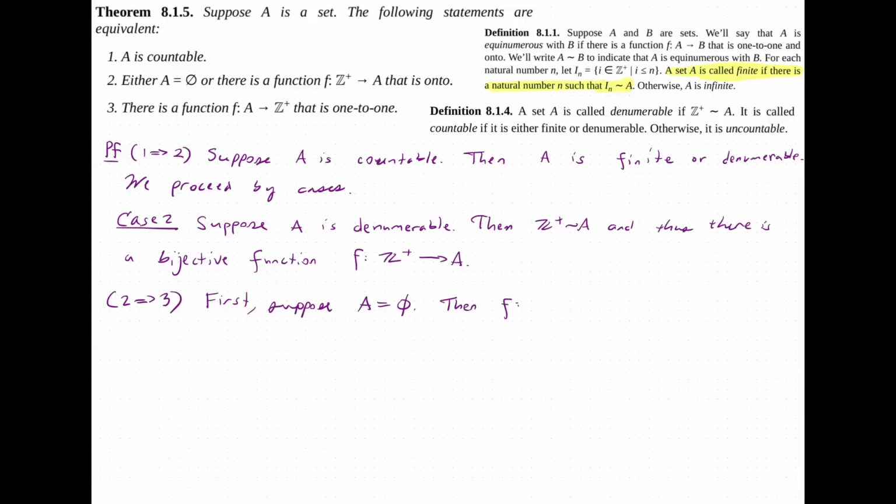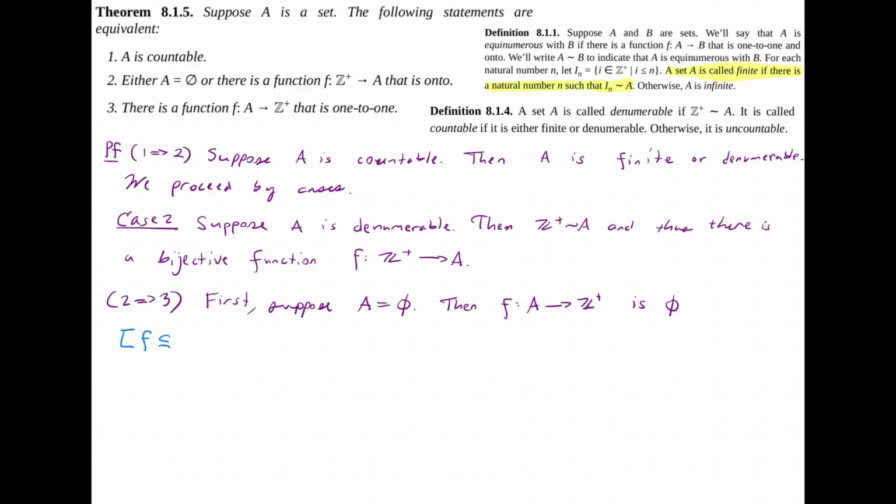f from A to the positive integers is the empty set. And so here, what I mean is when we view the function f as a relation, if we go back to chapter 4, when we first define relations, keep in mind all functions are relations.